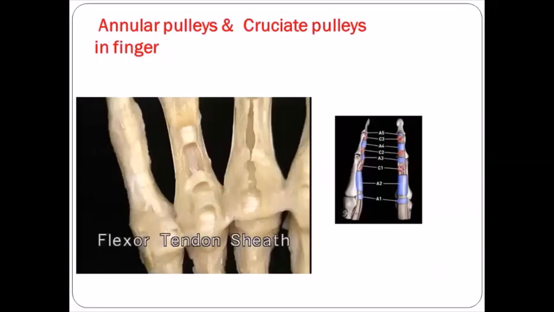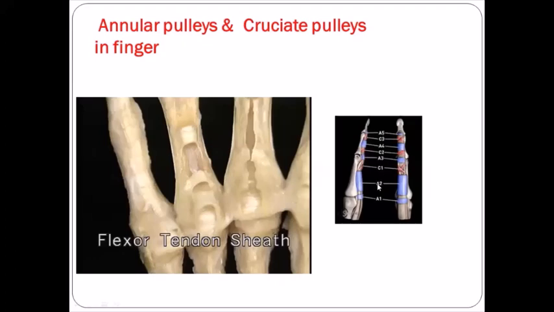Now coming to the annular pulleys, if you can see here, there are 5 annular pulleys and 3 cruciate pulleys. These 5 annular pulleys, you can memorize it: A1 is present at the MCP joint, A2 is present at the proximal phalanx, then A3 is present at the PIP joint, A4 is at the middle phalanx, A5 is at the DIP joint.